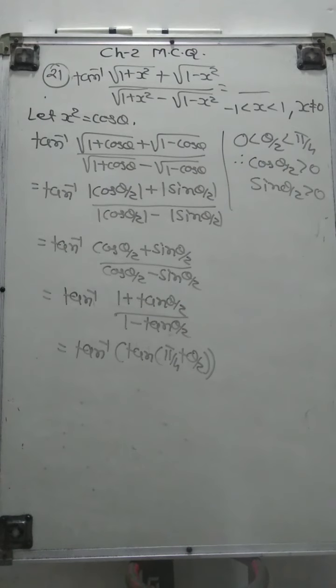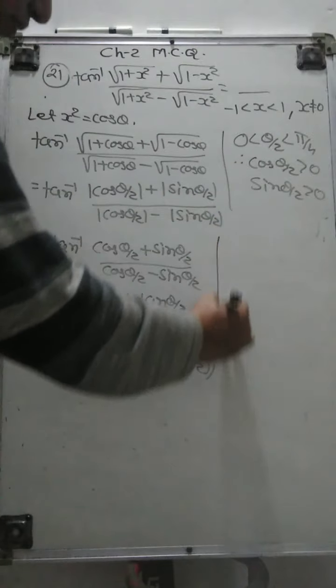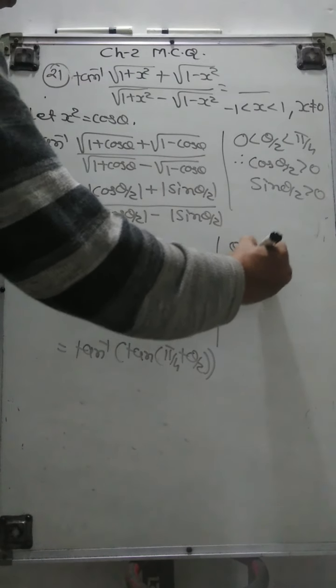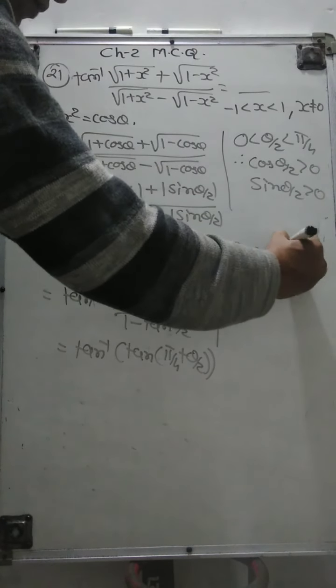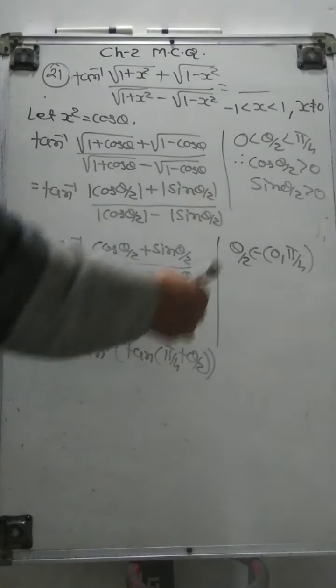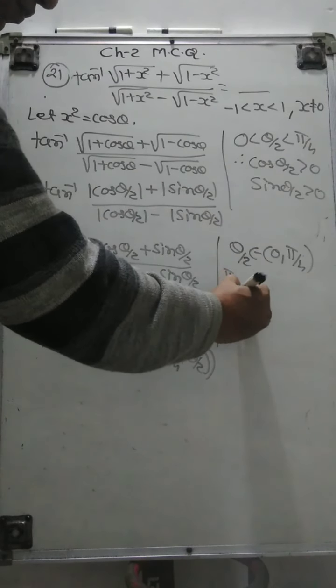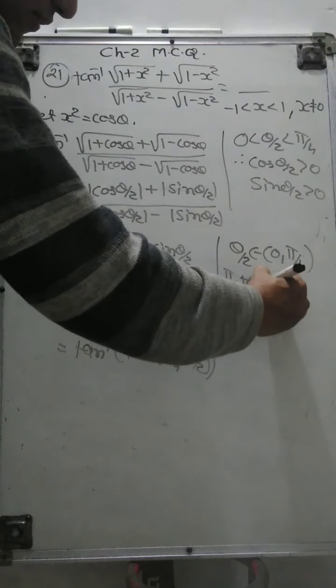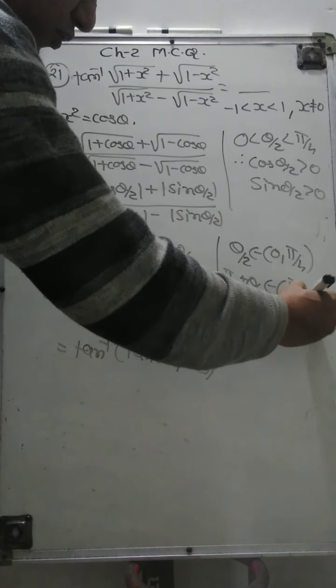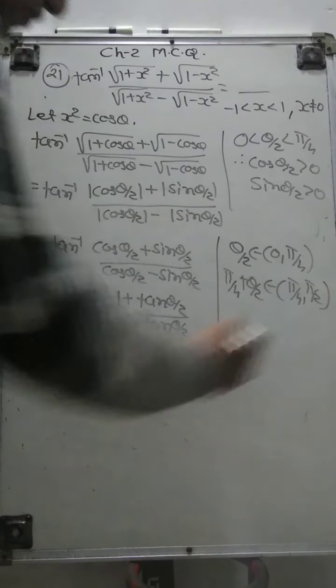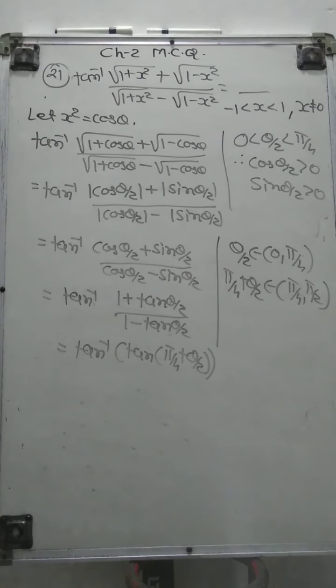So we know that theta by 2 belongs to 0 to pi by 4. Therefore pi by 4 plus theta by 2 is in between pi by 4 to pi by 2, which is the interval of tan.